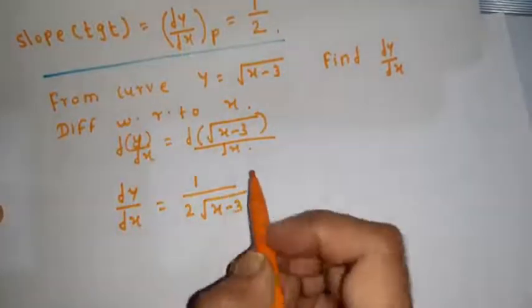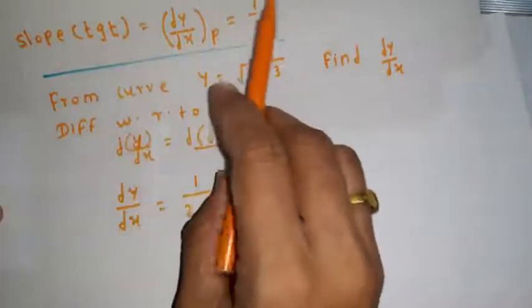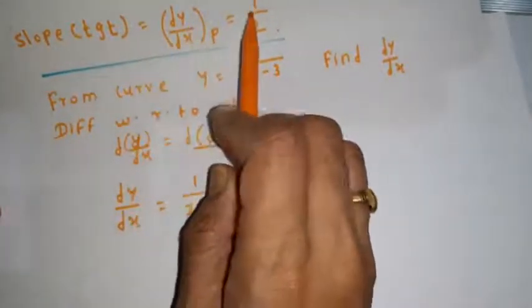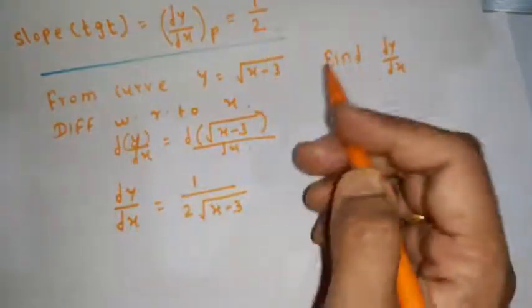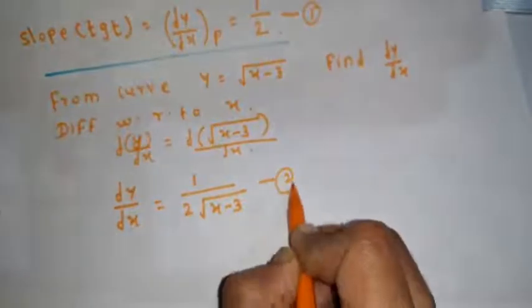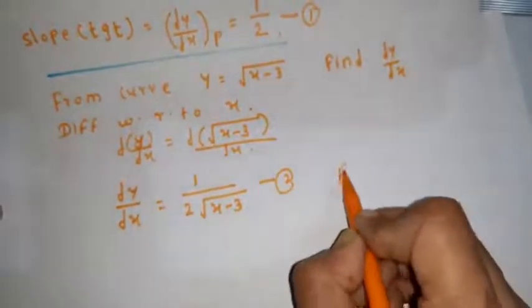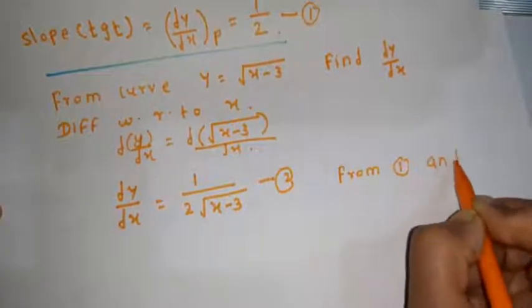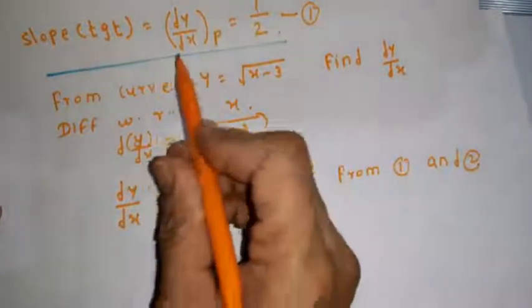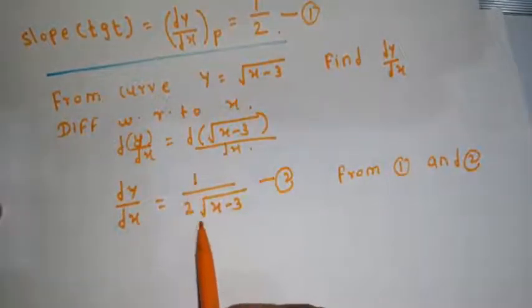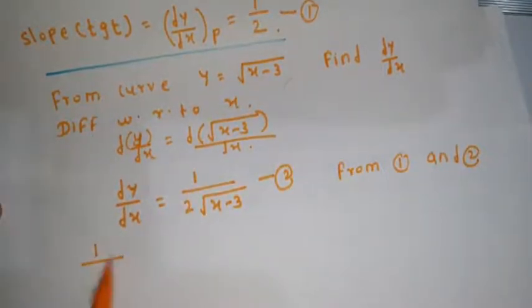Okay students, we have already found that the slope of tangent, that means dy by dx, is 1 by 2. Suppose this is equation 1 and this is equation 2. From 1 and 2, we can write dy by dx equal to 1 by 2 and dy by dx equal to 1 upon 2 root x minus 3.